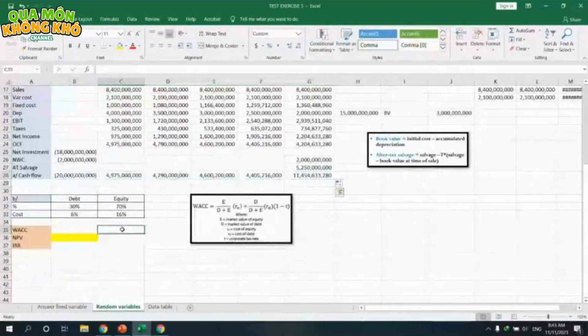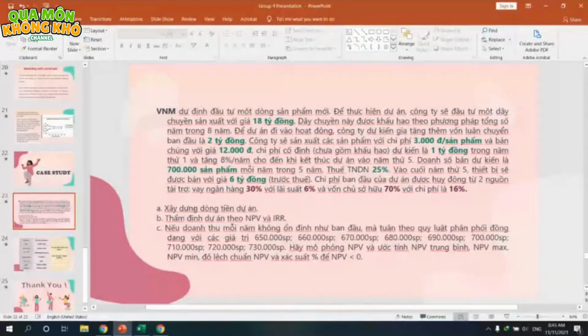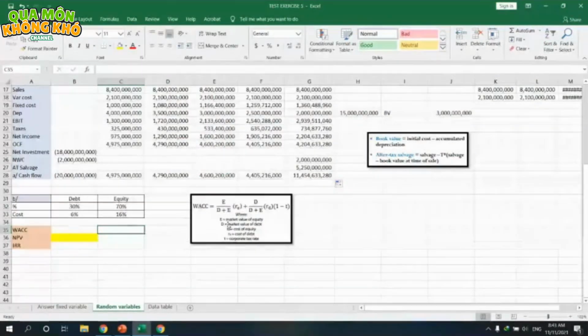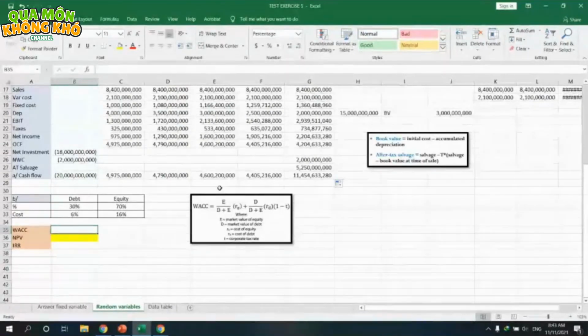So, the next requirement tells us we have just built the cash flow of the project, and the next requirement tells us to calculate the NPV and IRR. So to calculate it, we need to calculate the weighted average cost of capital first, or you can know it as the rate of the cash flow. Here is the formula.